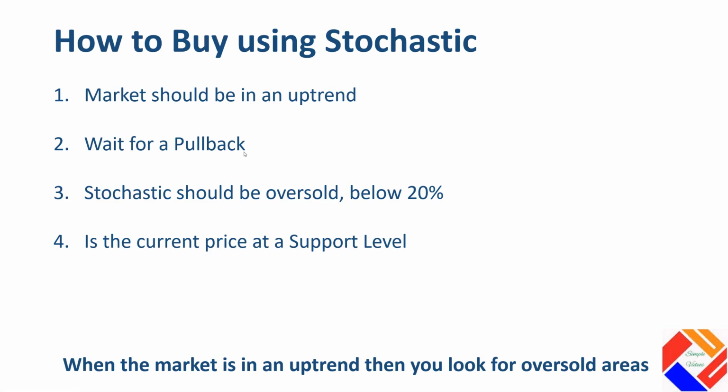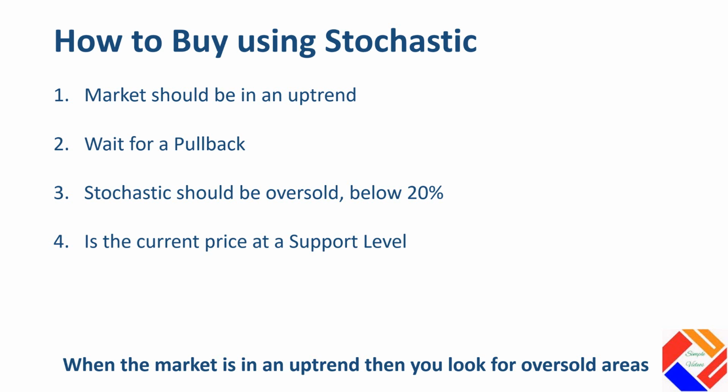Now let's talk about how you will buy a currency or a stock using stochastics as an indicator. Again, you've got to keep in mind these four points which will help you increase the probability of a trade. Again, as I mentioned earlier, you have to trade with the trend. So when you are buying using stochastics as an indicator, make sure that the market is in an uptrend.